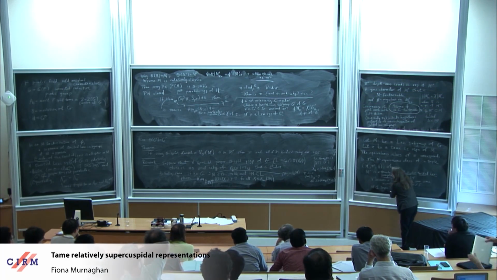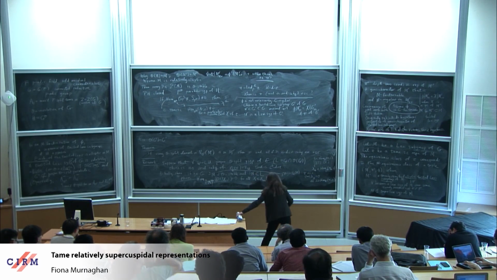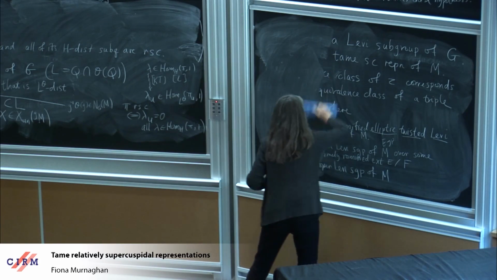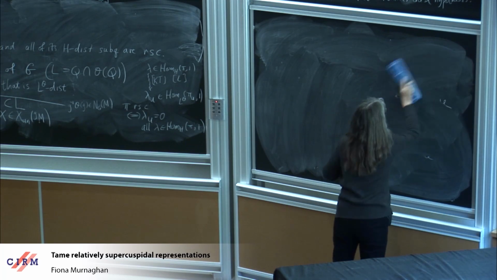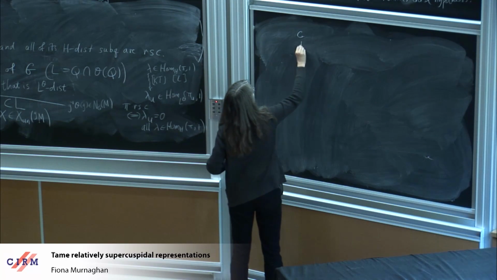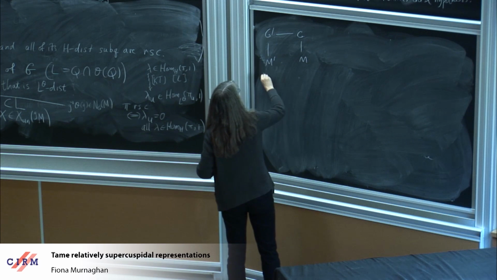But what happens in general is that we have the G and the M, and then we're reduced to depth 0 in some way.